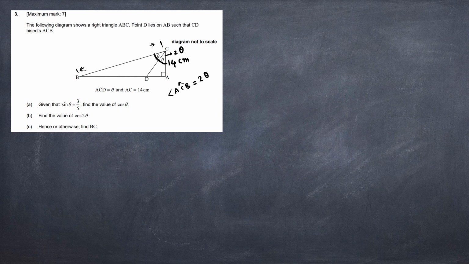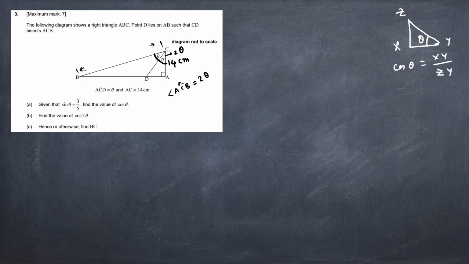Now from the formula of cos, we can write this particular problem. If there is any right angle triangle with angle theta, and sides x, y, z, then cos theta is equal to the adjacent side over the hypotenuse.